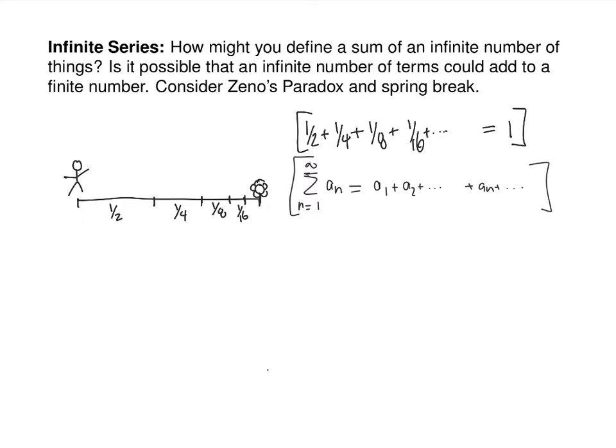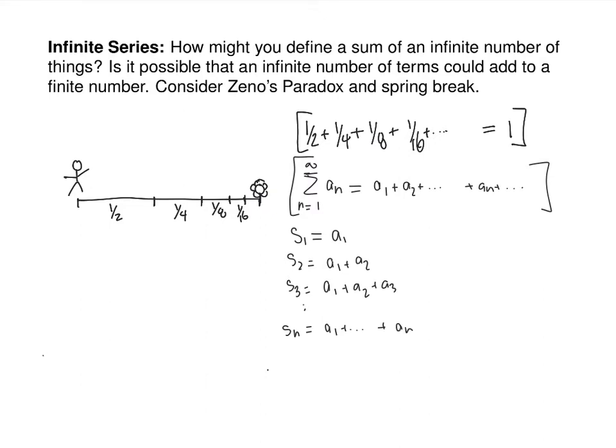So what you do is you say, well, I can add a finite number of things. So you make these things called partial sums. S1 is the first partial sum, it's just your first term. S2 is the second partial sum, it's your first term plus your second term. S3 is the sum of the first 3 terms. And then Sn will be the sum of your first n terms.